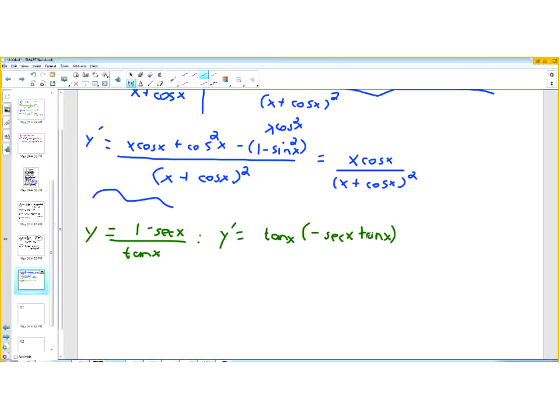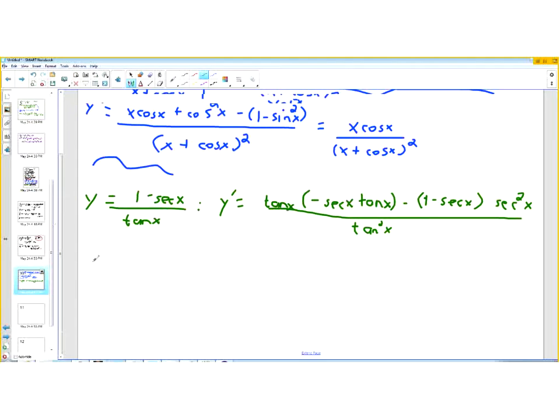So the bottom function times the derivative of the top function, which is this, minus the top function, which is 1 minus secant x, times the derivative of the bottom function, which we know to be secant squared x. And then all of that divided by the bottom function squared, which is tan squared x.